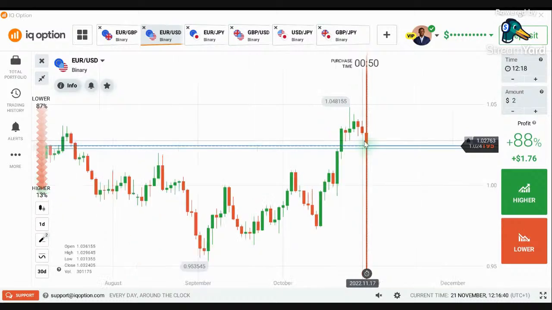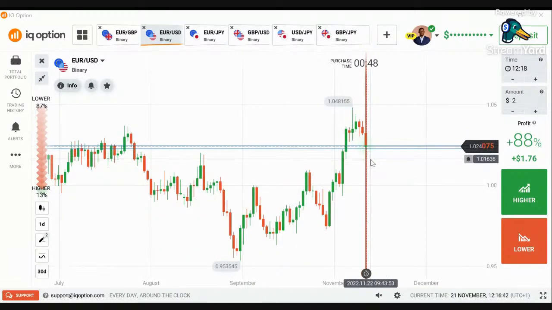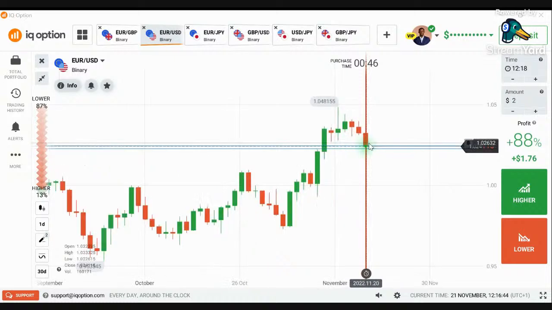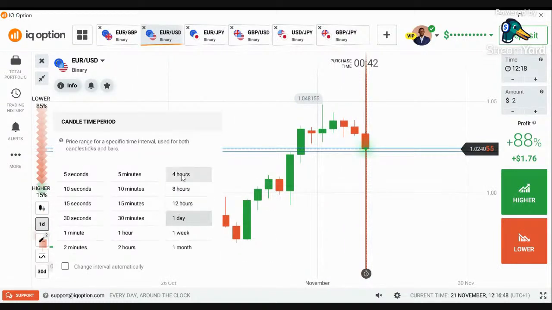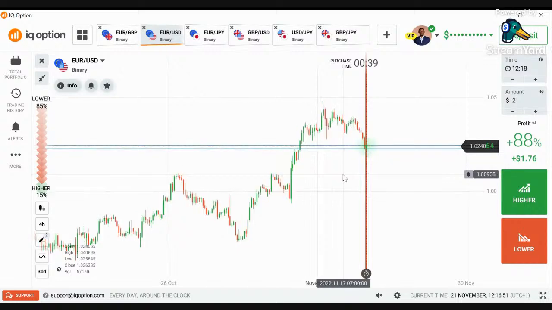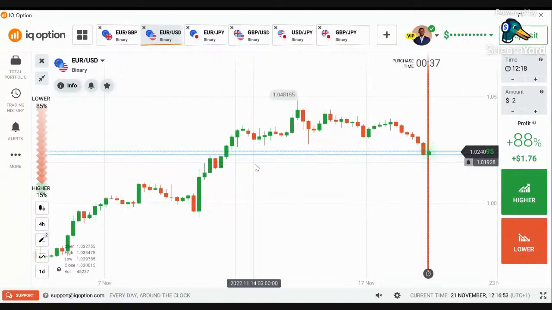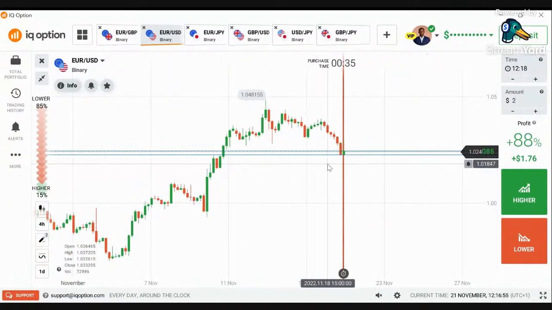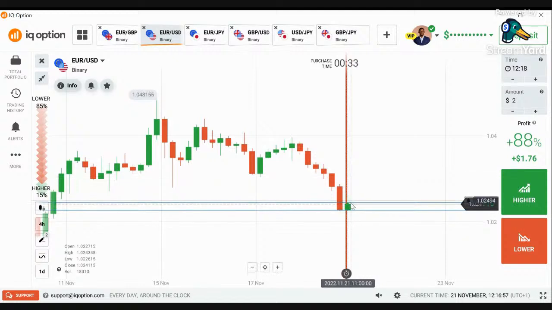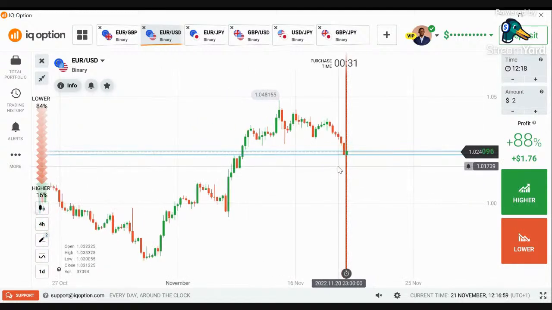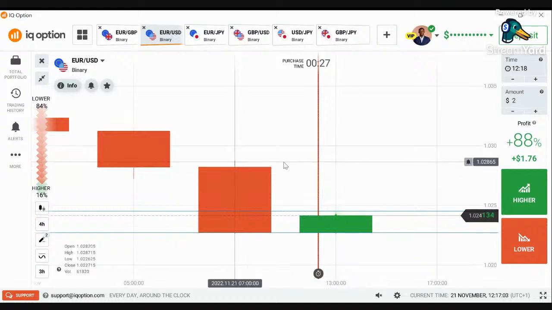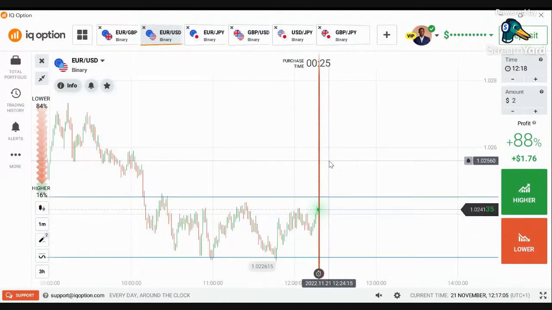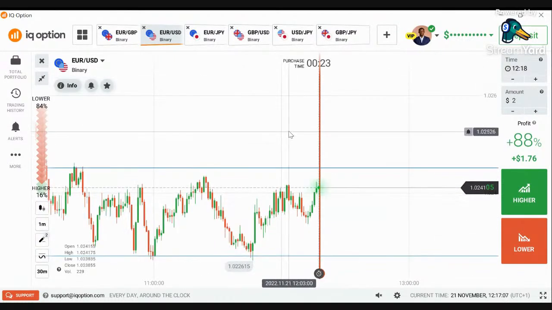Euro USD is going to be selling throughout today. The New York session should just continue to sell off, and probably the market should be reaching for this level down here, where we have some reversals. Okay, it's buying, but later you could continue selling in the New York session. So that's that for my analysis on Euro USD.